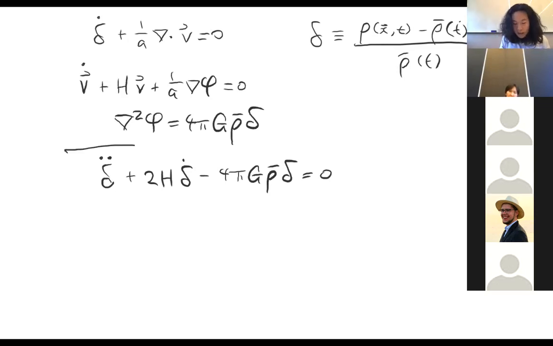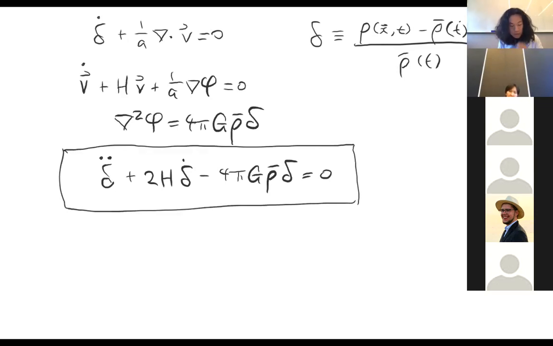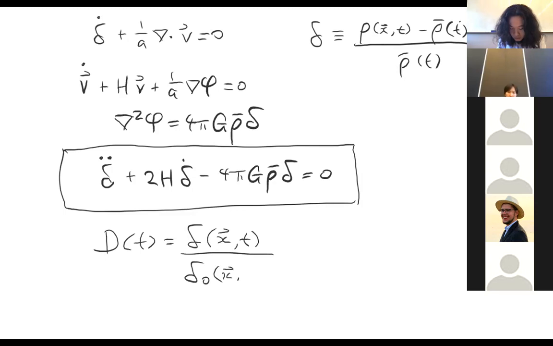So here you combine the three equations into one second order differential equation, and you can solve this equation quite easily. We just want to define D of t to be delta of x,t divided by delta naught of x,t.